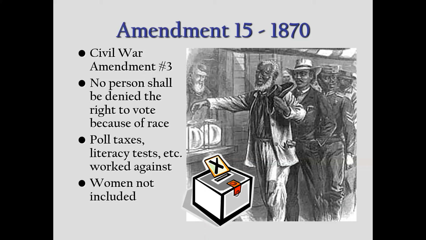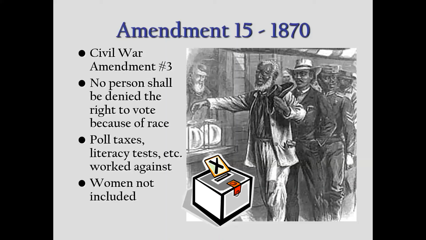You could even draw connections to the modern day, with voter suppression laws being passed in various states in reaction to the perceived malpractice during the 2020 election, even though there's no proof of it.